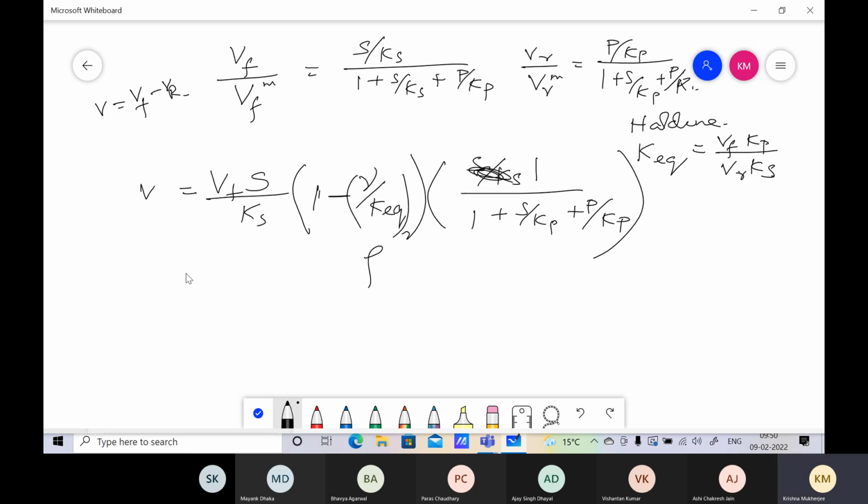Now, what is the total saturation? Can you understand what I'm trying to do here?